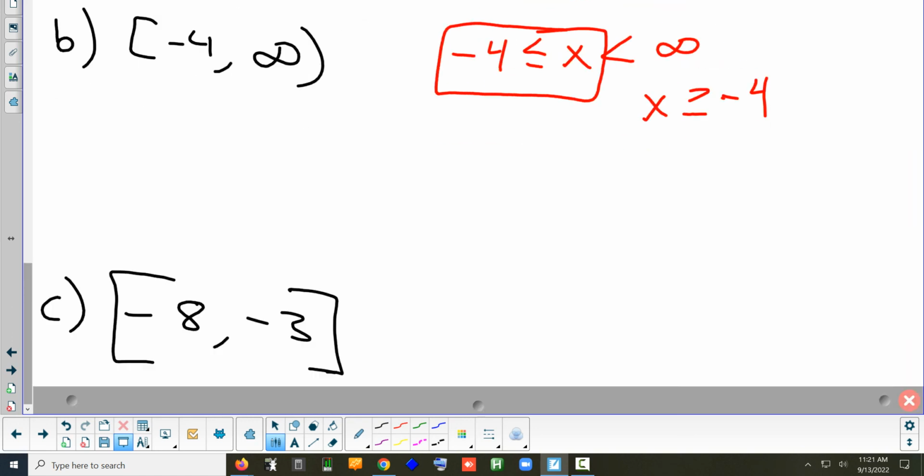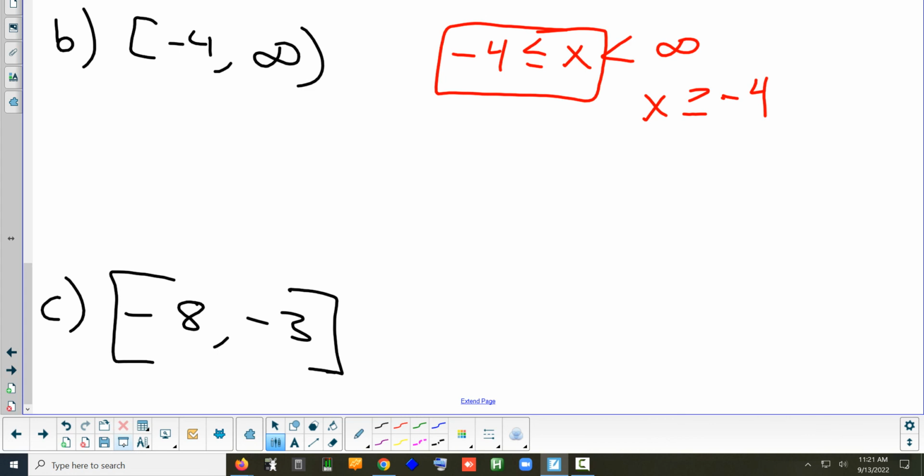Okay. How about this one? First of all, what kind of interval is it? Is it open or closed? It's fully closed. Bounded or unbounded? Bounded. Now, if you said fully closed, does that automatically mean it's bounded? Yes. You can't close an unbounded interval.